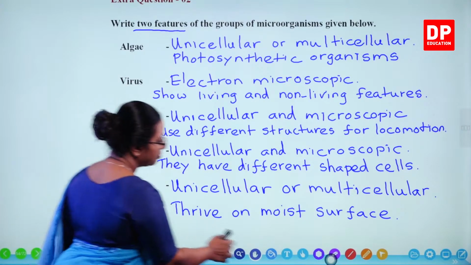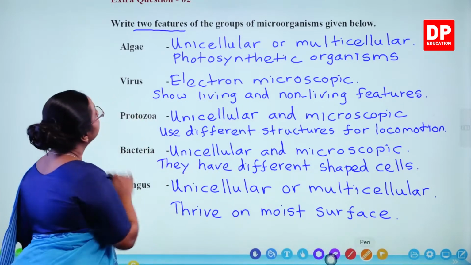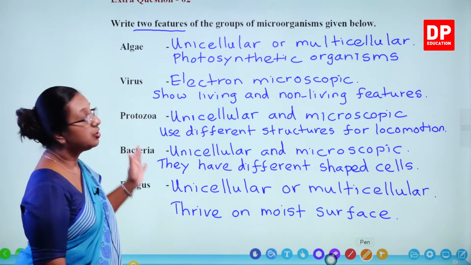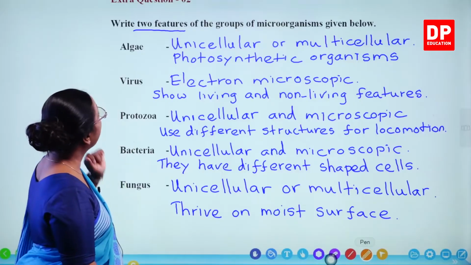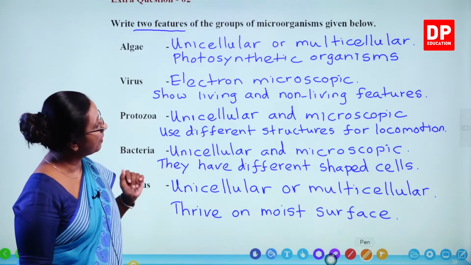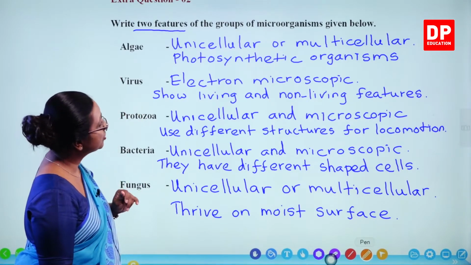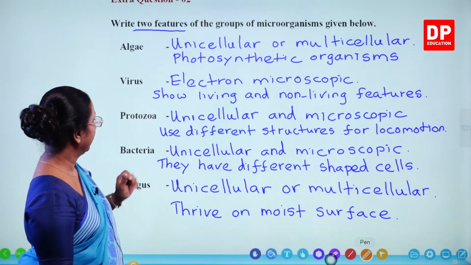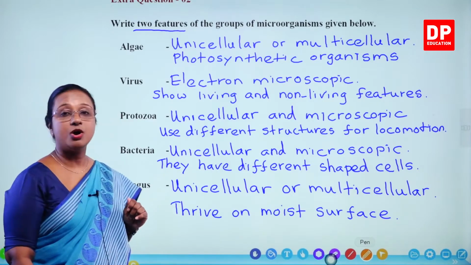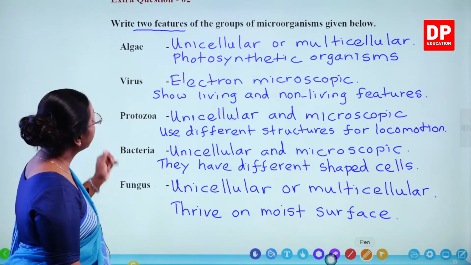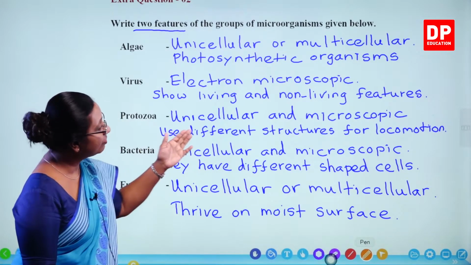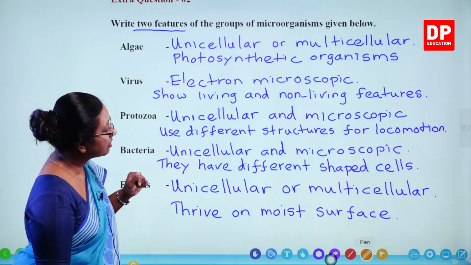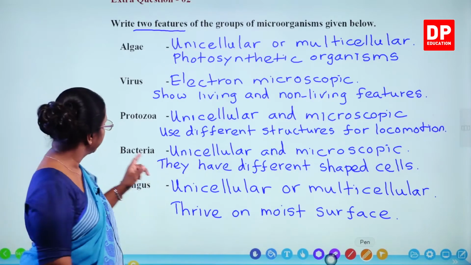So they have asked you to write two features of the groups of microorganisms given below. You can write any two. Algae, unicellular or multicellular, they are photosynthetic organisms. Virus, electron microscopic, and they show living and non-living features. Then protozoa, they are unicellular and microscopic, use different structures for locomotion.